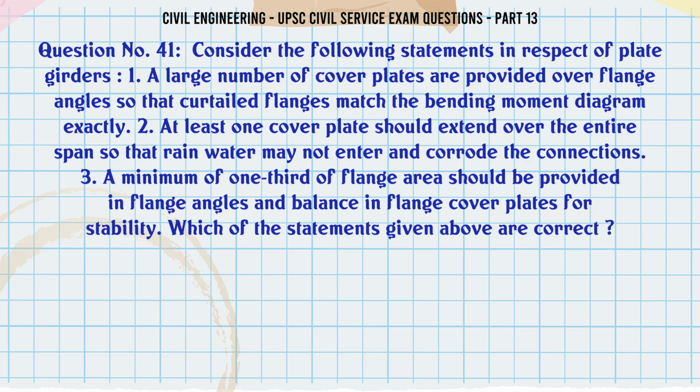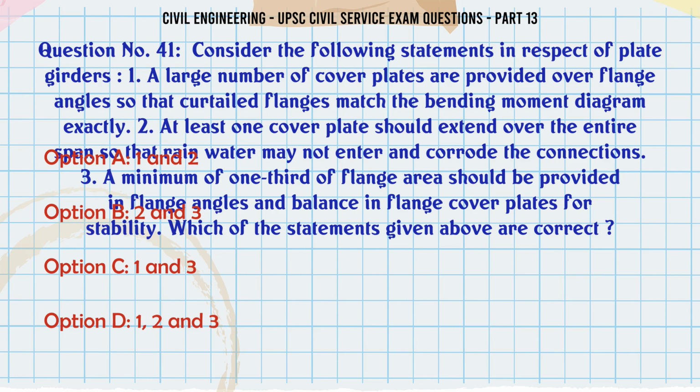Consider the following statements in respect of plate girders. 1. A large number of cover plates are provided over flange angles so that curtailed flanges match the bending moment diagram exactly. 2. At least one cover plate should extend over the entire span so that rain water may not enter and corrode the connections. 3.